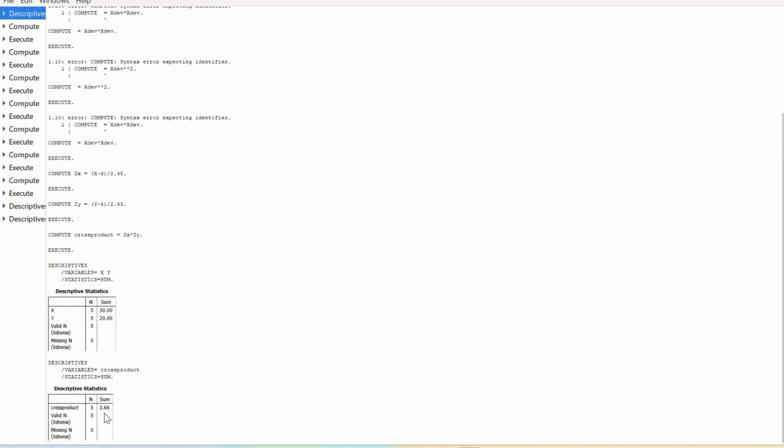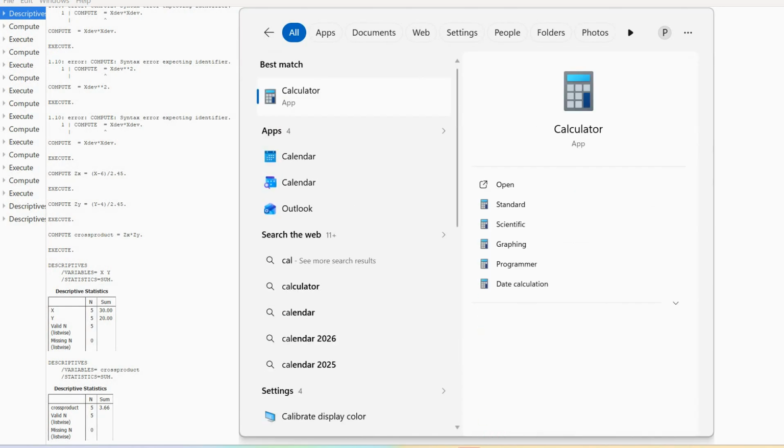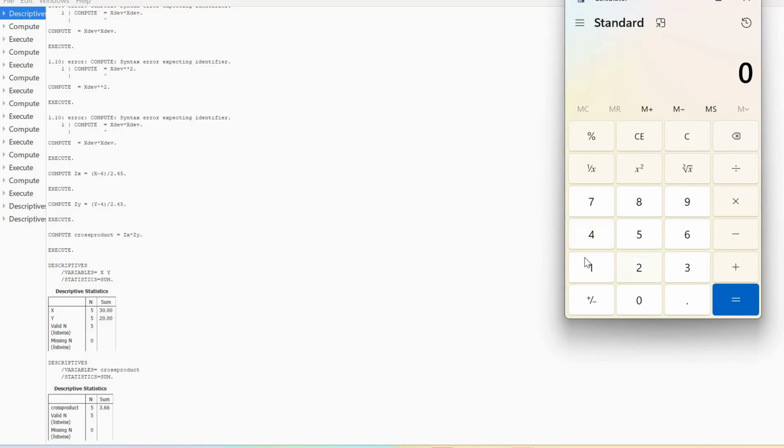3.66. Divided by 4. Yeah, so this way r equals 0.915.